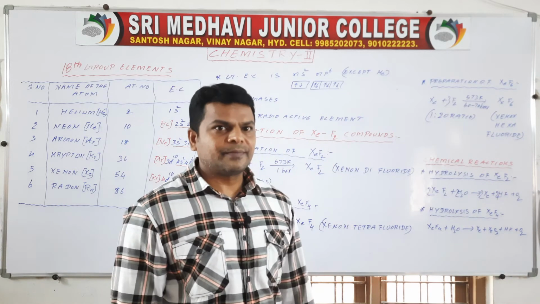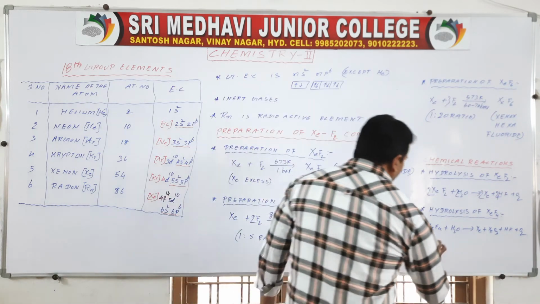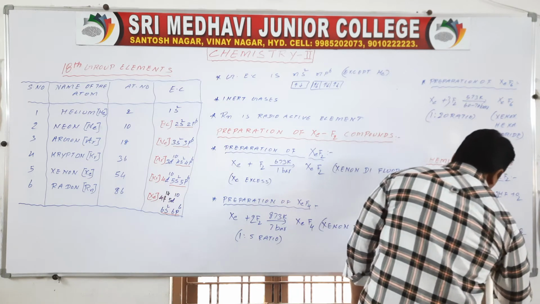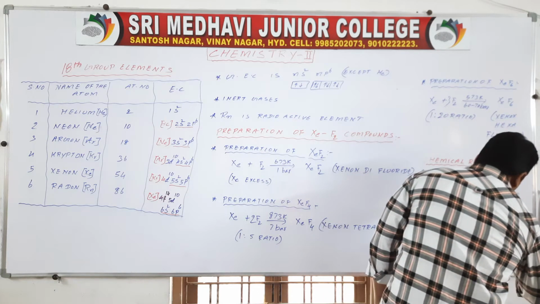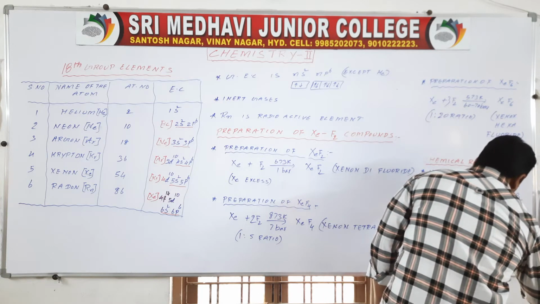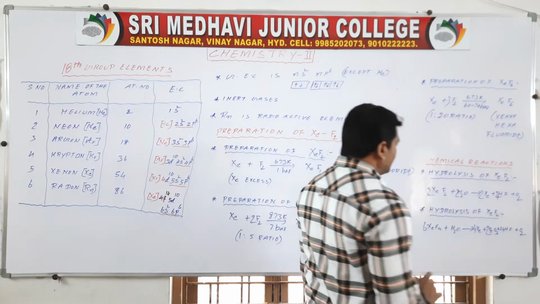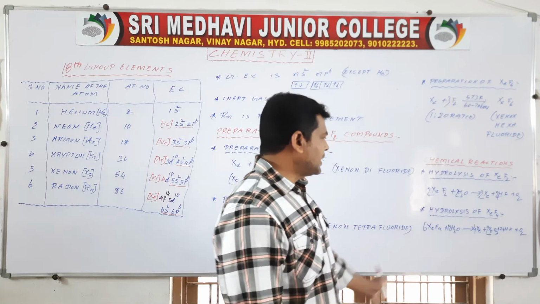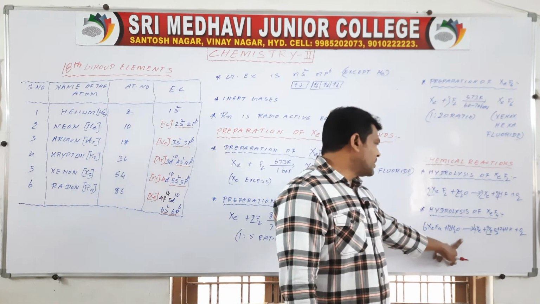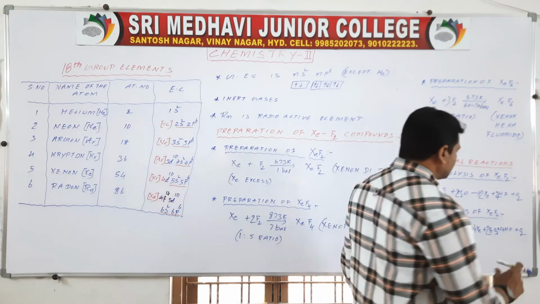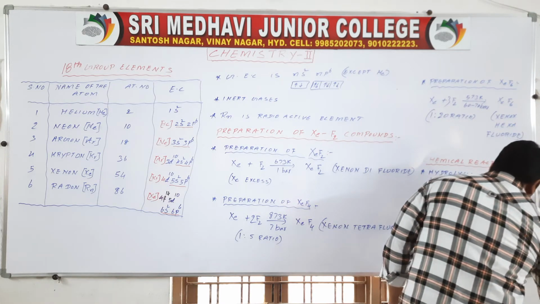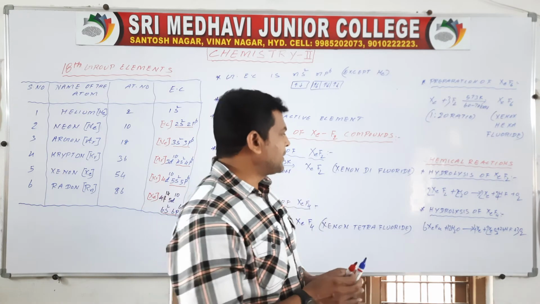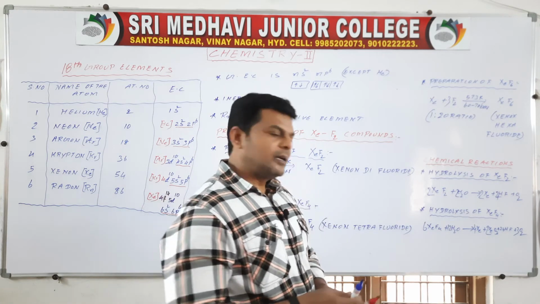If you take 6 here, 2 here, 4 here, 24 here, and then 12 here, then it is balanced. 12 oxygens, 2 threes are 6, then here you have to take 3, then it is balanced. This reaction we may use for the preparation of XeO3 also.